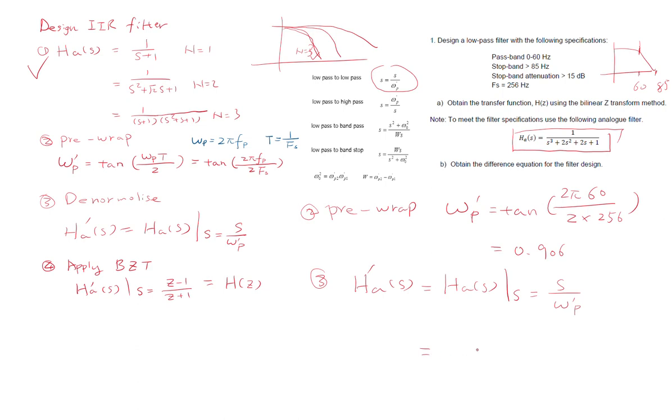Not that hard because we got everything. Then we just start to plug in. Then we have s over omega p hat cubic plus 2 s over omega p hat square plus 2 s over omega p hat plus 1, that 1 over it. Just replace all the s with the s over omega p.